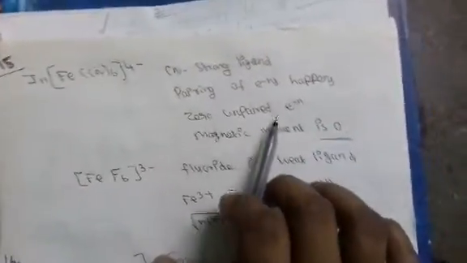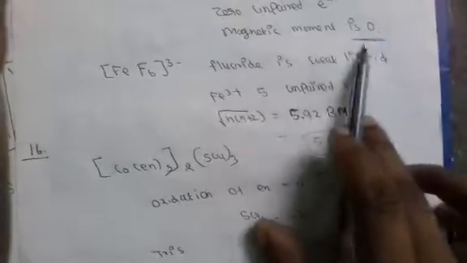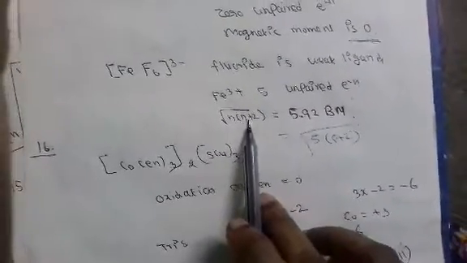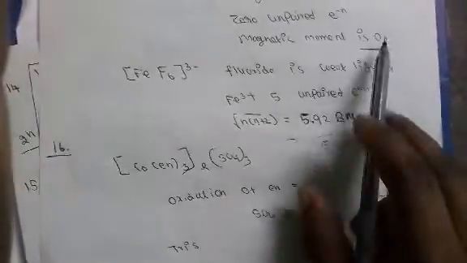First we can see [Fe(CN)6]4-. Here CN is a strong ligand, so pairing of electrons takes place, and so there is no unpaired electron in this complex. No unpaired electron means n is 0, and the magnetic moment is 0.